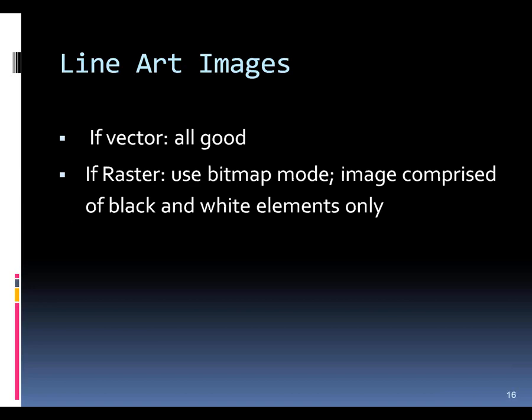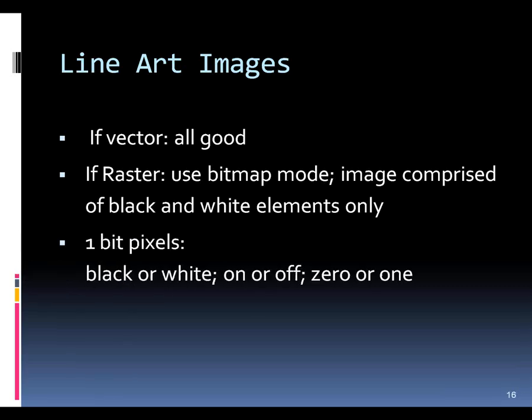If you've got line art images in raster format, it's best to use bitmap mode, which is an image that's comprised of black and white elements only. It would have to be black and white line art only to use bitmap mode. Bitmap mode is a mode in Photoshop that is 1-bit pixels.